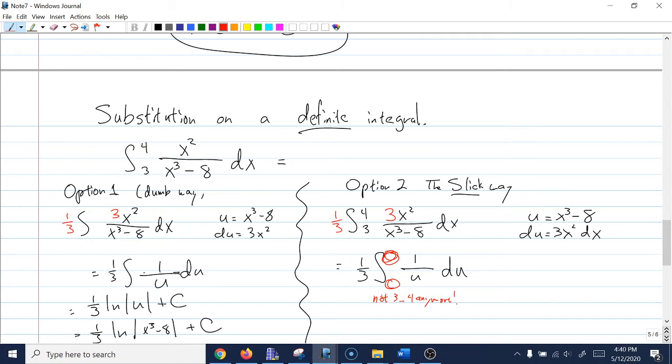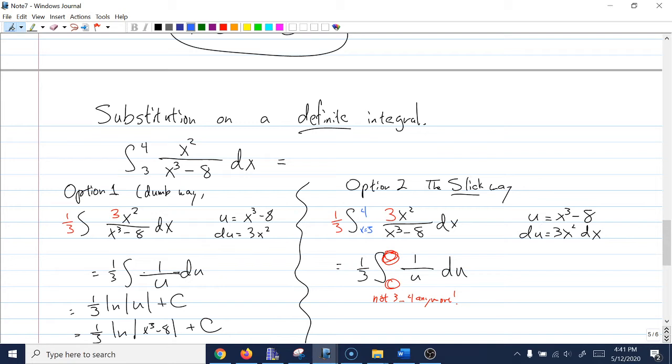It might be valuable, if I'm doing a problem where I can see that this is where I'm headed, to write x equals 3 to 4 to remind myself that these are x values. This 3 and 4 that they told us are telling me that x goes from 3 to 4. And if I do a substitution to change an integral from an x integral into a u integral, I need to change those into new u values.